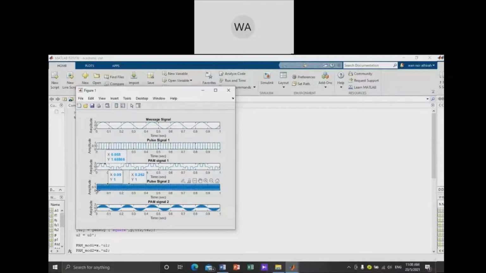The time second cannot be shown because it's too small. The frequency is too high, 500. Okay, next is PAM signal 2. The amplitude is 2, and the period to complete one cycle is 0.2 second.